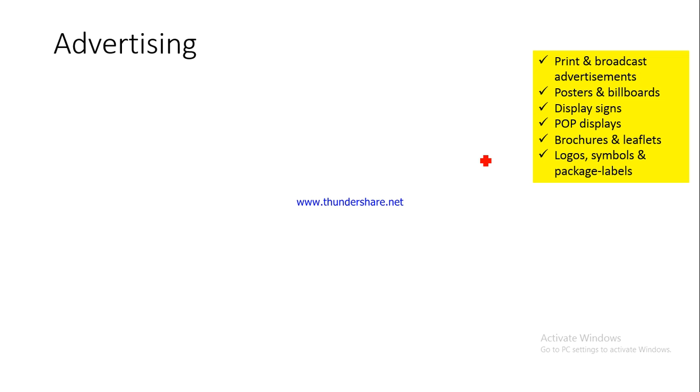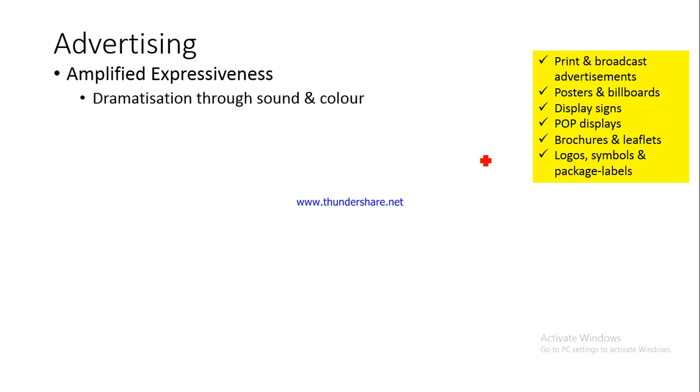And now what we are going to do is we are going to talk about some attributes of advertising. The first attribute is amplified expressiveness. In advertising, what you can do is you can make use of sound, you can make use of color, and when I'm talking about sound, I'm referring to broadcast ads, I'm referring to ads which are telecasted on television and radio.